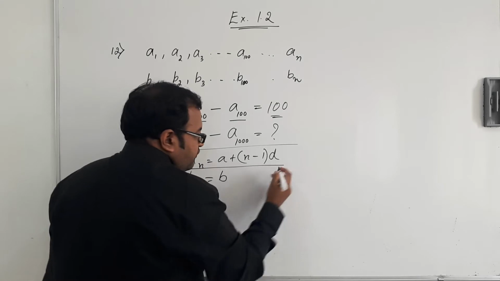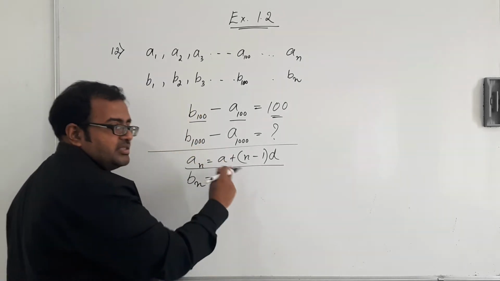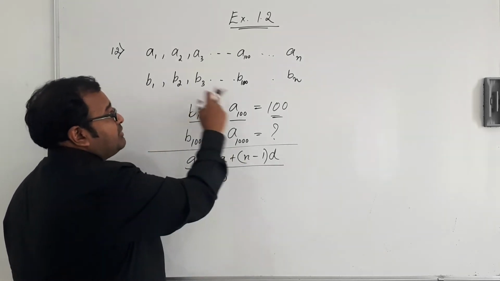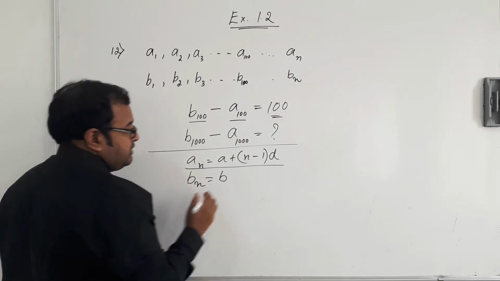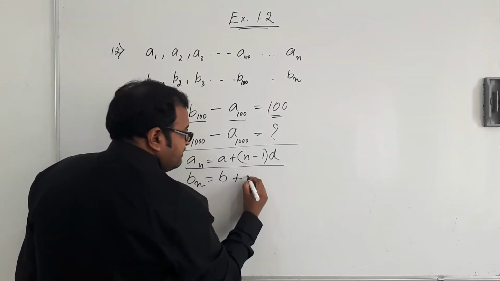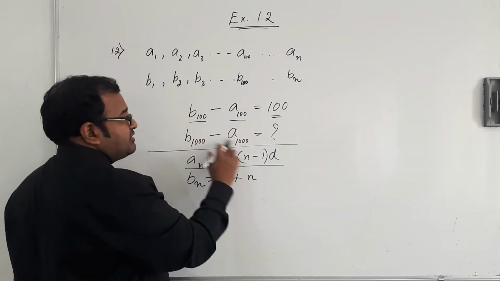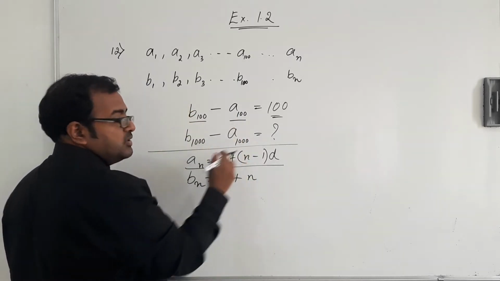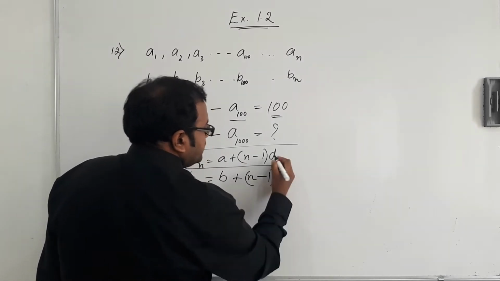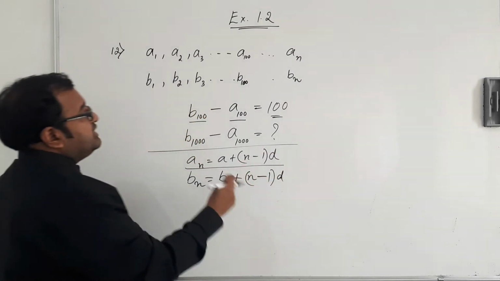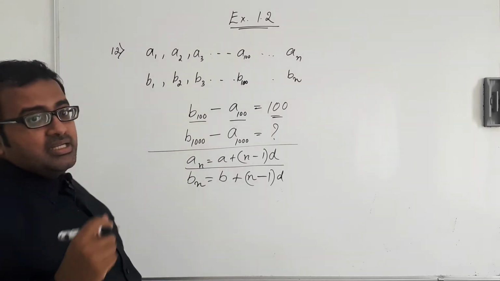This is the general formula when we take A1, A2, A3, and here we are taking B1, B2, B3. But the n value remains same because I want the same nth term: 100 and 100, 1000 and 1000. So it is n minus 1 and d.